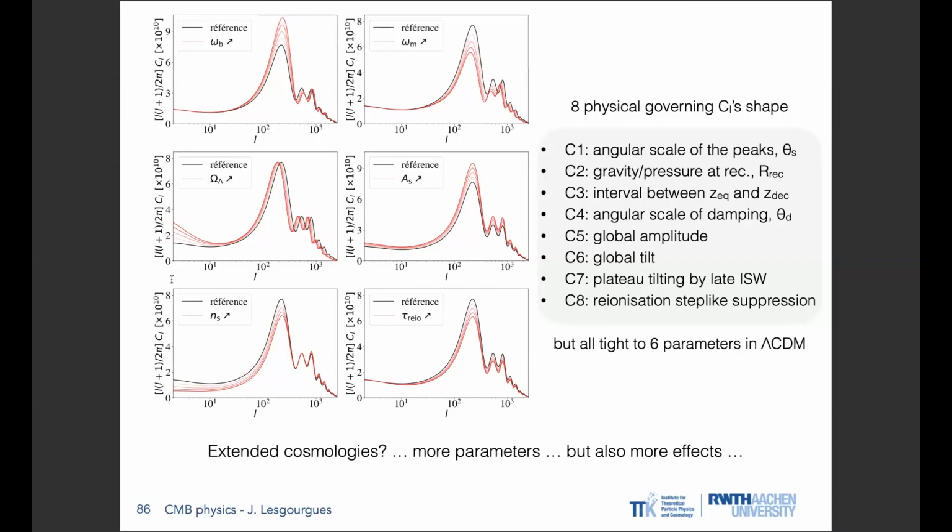And this is exactly what you get when you compute the diffusion scale. So I think your question is, I said there is a smoothing along the line of sight, coming from the thickness of the last scattering shell, and there is an effect orthogonal to the line of sight, which is a smearing from the damping scale.